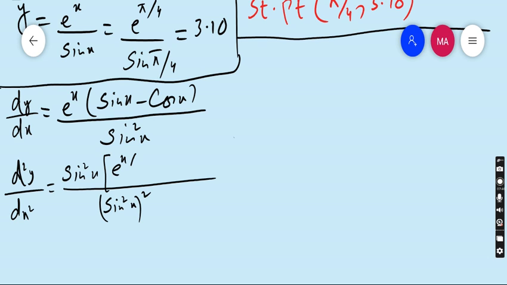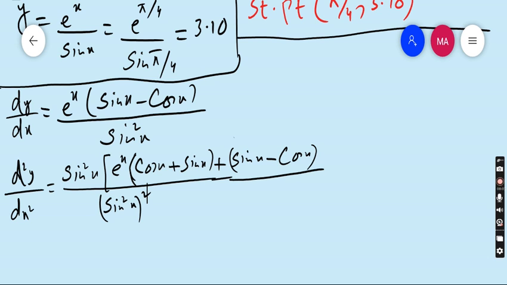So u times derivative of sin x is cos x, and minus cos x is plus sin x, plus v times derivative of e^x, which is e^x.